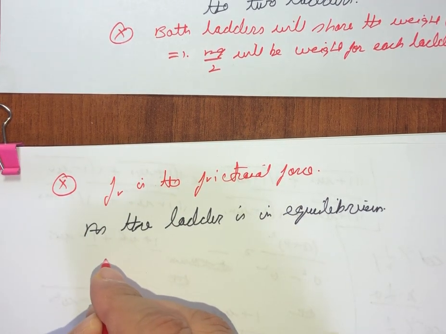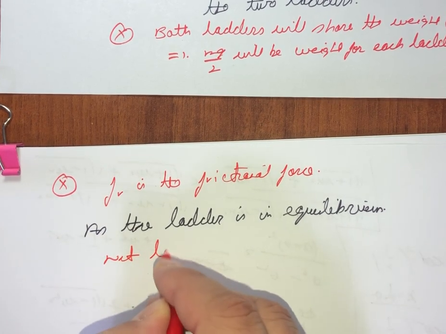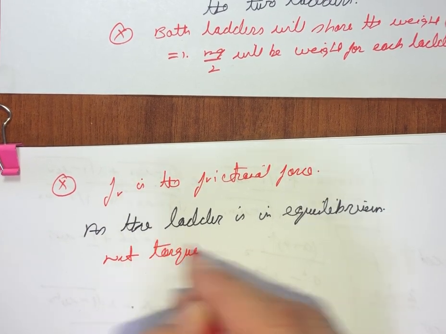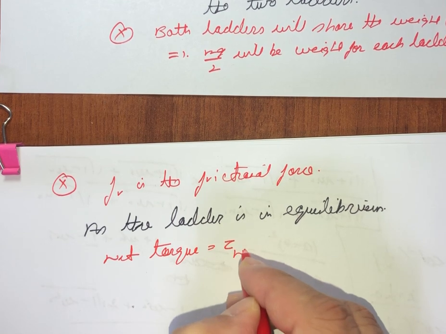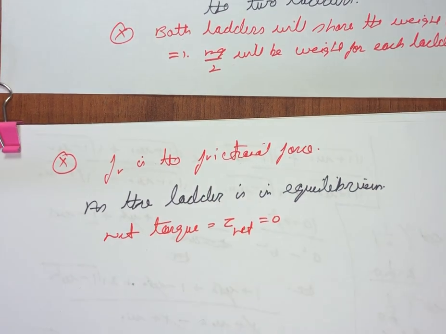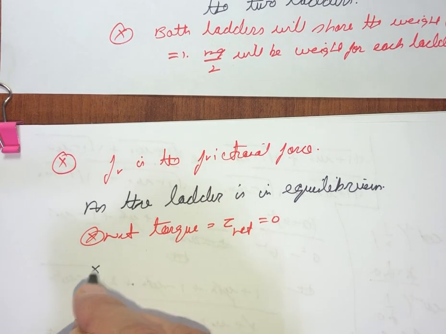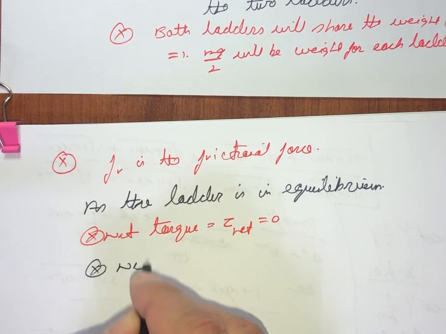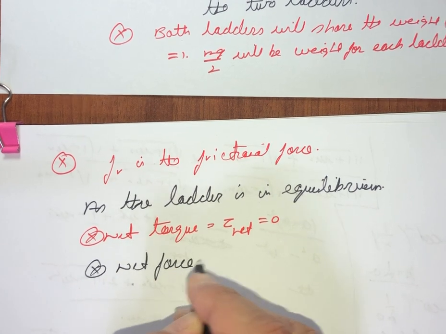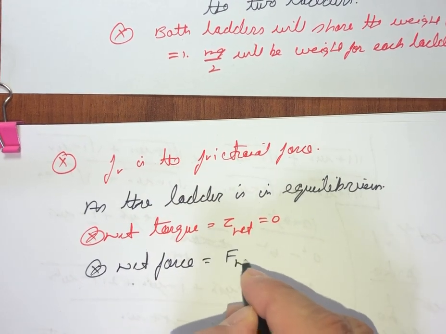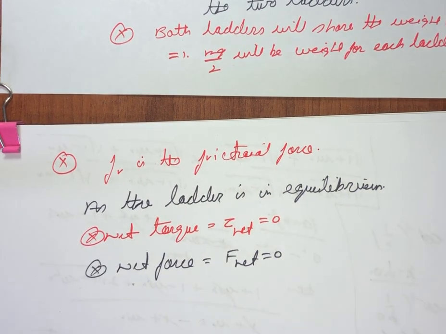So net torque, tau net, equals 0. Net force, let us call this F net, will also equal 0.